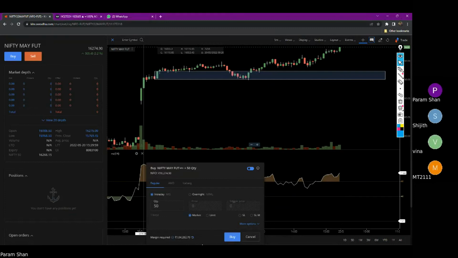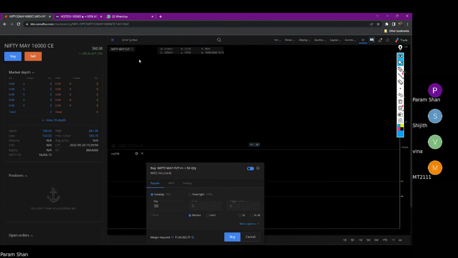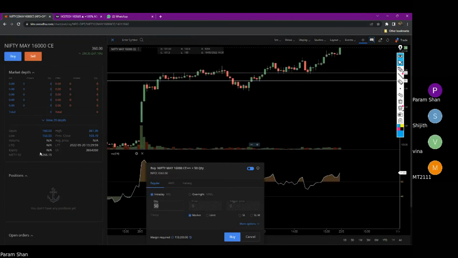But for a Nifty May expiry option at 1,600, if I buy one lot, I just need 18,000. If it goes 10 points, you get 500 rupees.